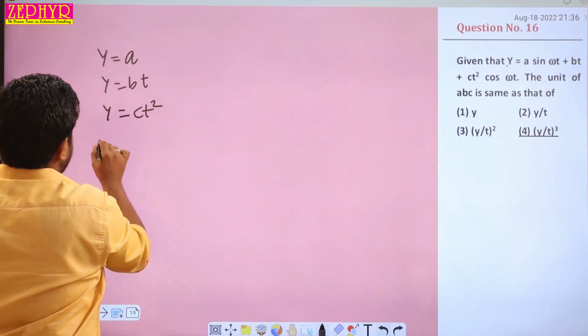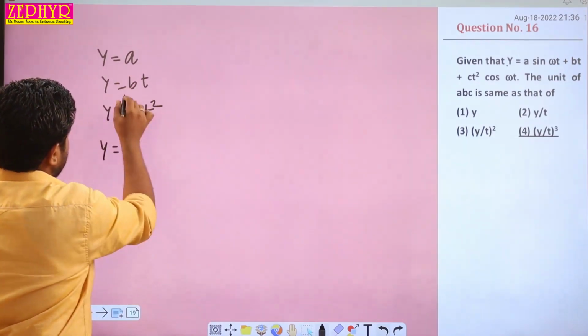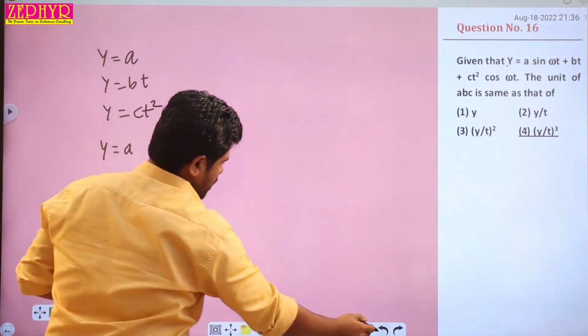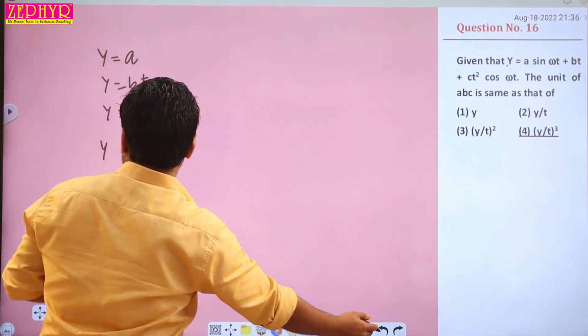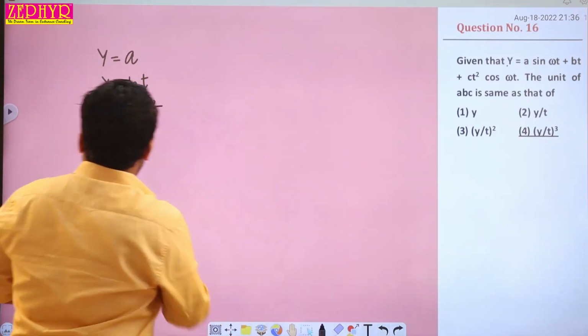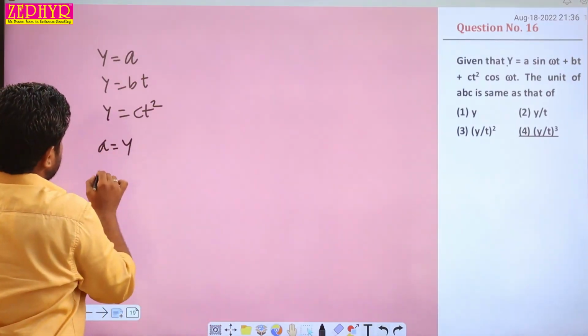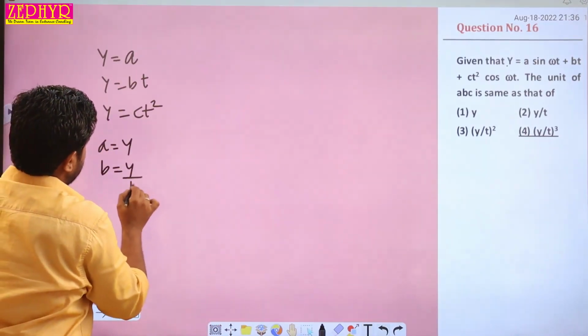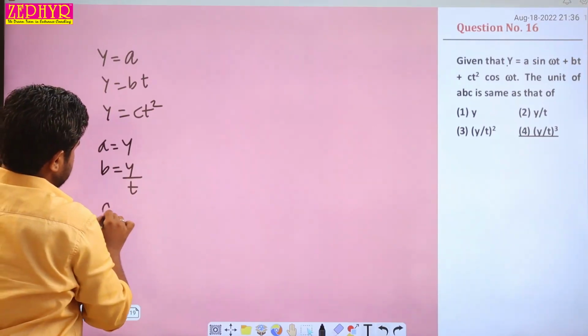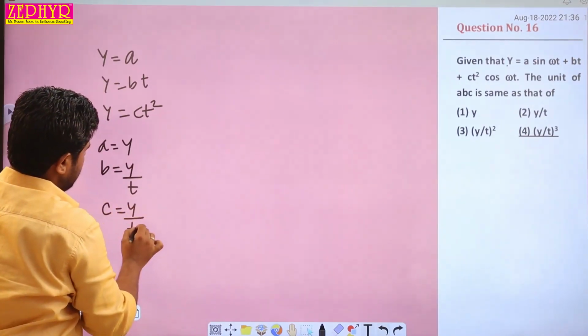Then y is equal to A, that means the unit of A is equivalent to y, the unit of B is equivalent to y divided by t, the unit of C is equivalent to y divided by t square.